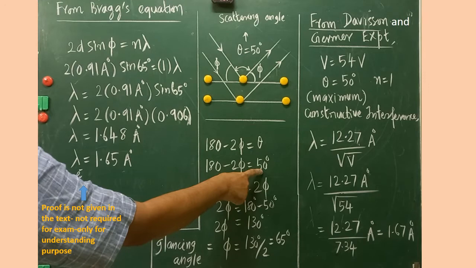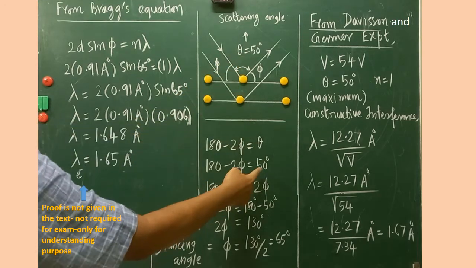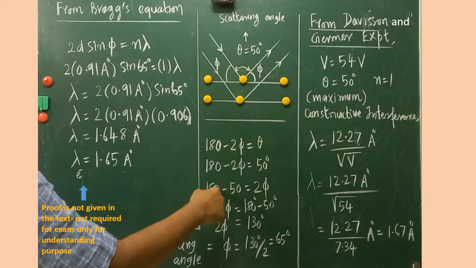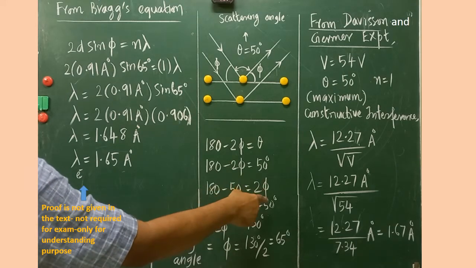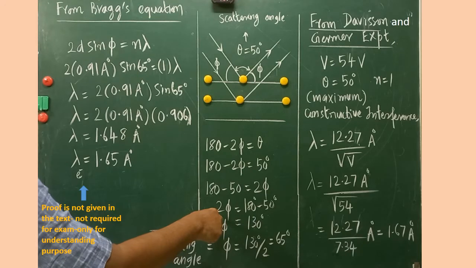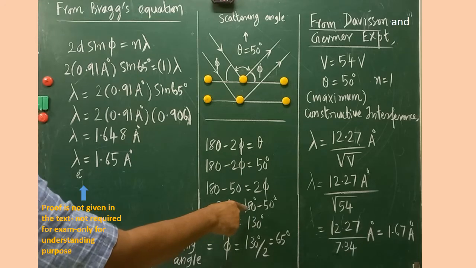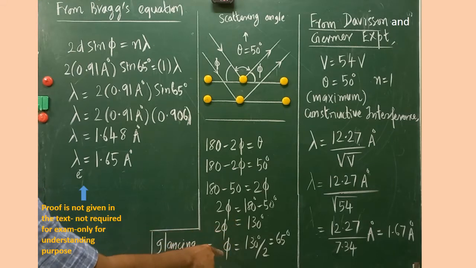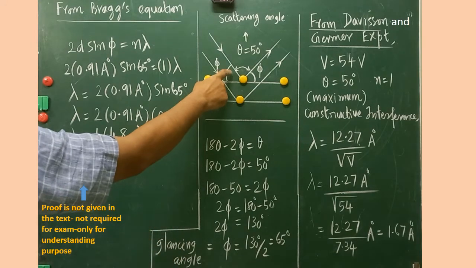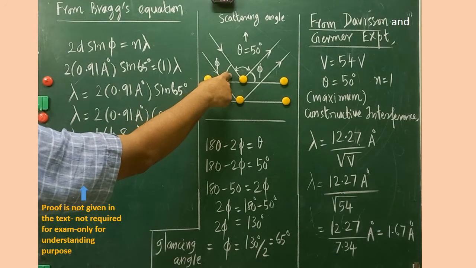This 50 is already found out, the scattering angle. If the 50 is brought to this side, that becomes 180 minus 50, which is equal to plus 2 phi. 2 phi is equal to 180 minus 50, which is 130. Phi is equal to 130 divided by 2. Its value is 65. So the glancing angle here is nothing but 65.